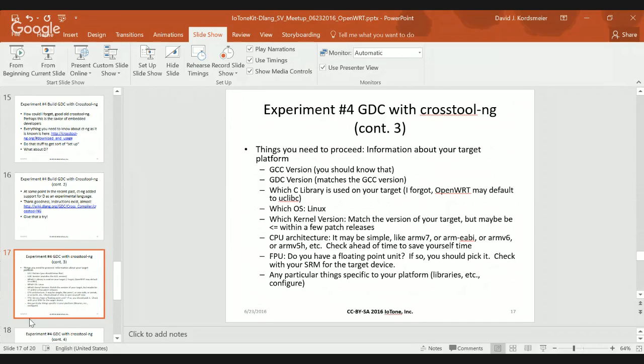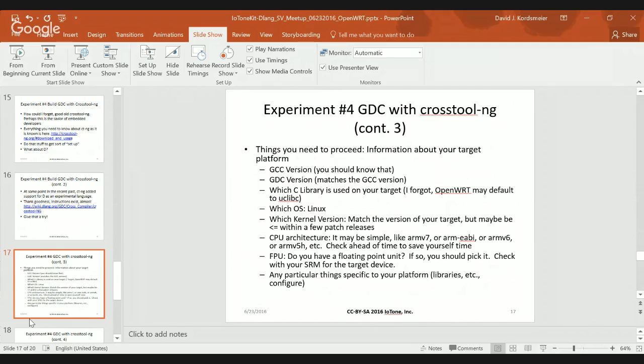So to get through the sort of boring details of your toolchain: which GCC version you're going to be working with, the C library target that you're going to go after, in my case uClibc, the OS, kernel version, and the CPU architecture. This can get a little complex, you have to make sure that the string matches a real target.